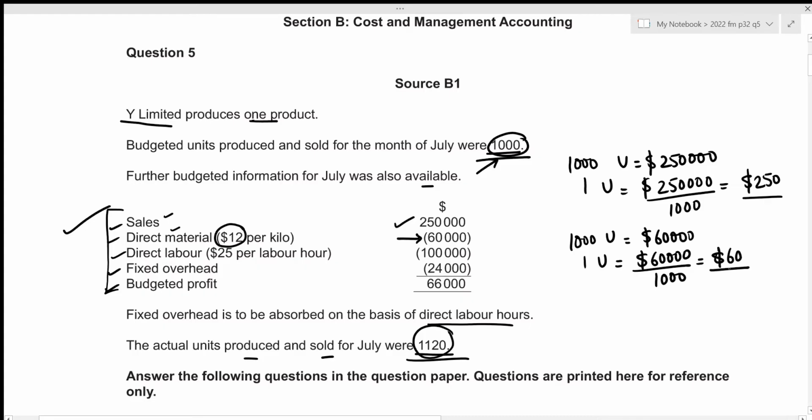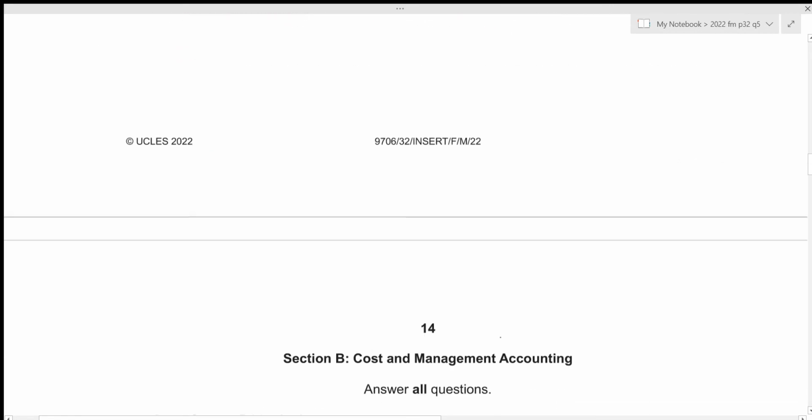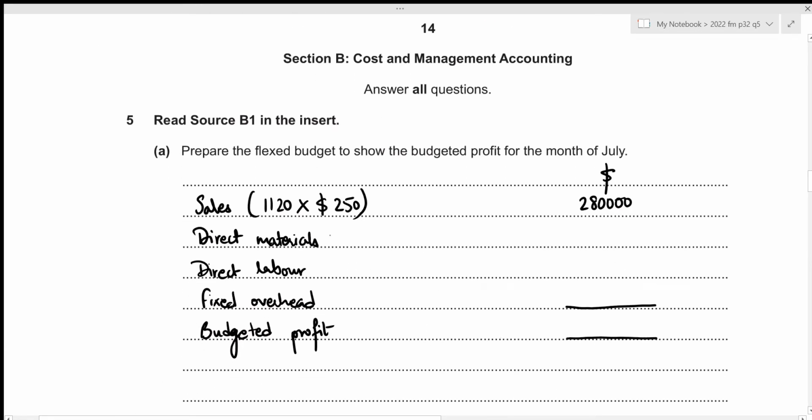So this is the direct material cost per unit. Now, in order to figure out the total direct material cost for 1,120 units, we just multiply these two together. Let's write it down. That will be the total number of units of 1,120 times our direct material cost per unit of 60, which results in the amount of 67,200.